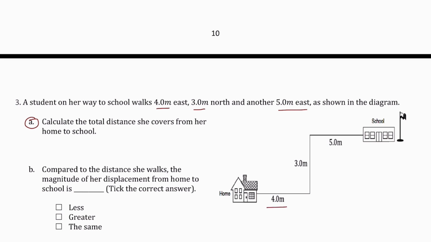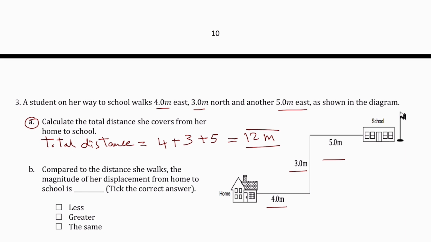So we add 4 plus 3 plus 5. So total distance equals 4 plus 3 plus 5, which is 12 meters. This is the answer.